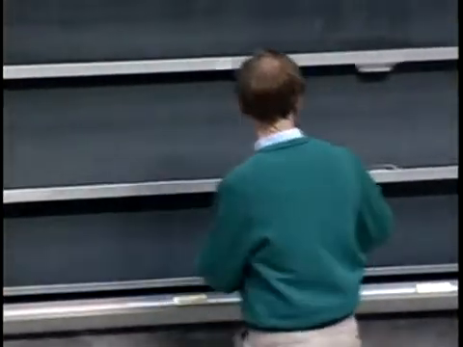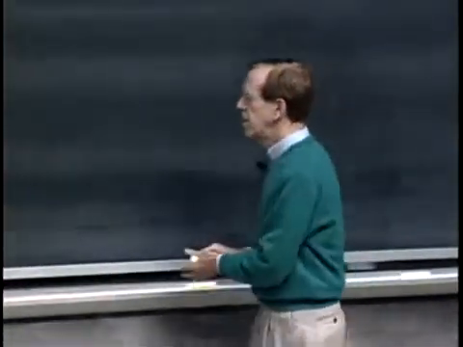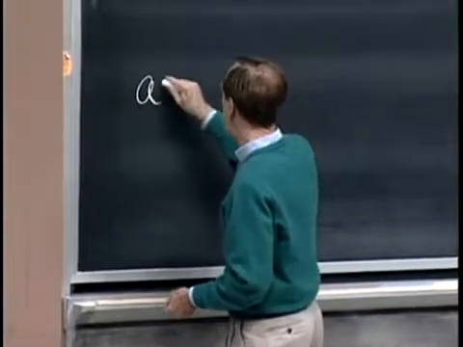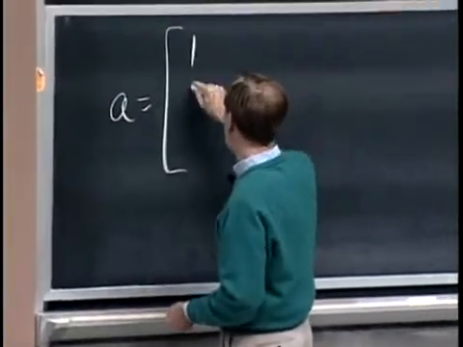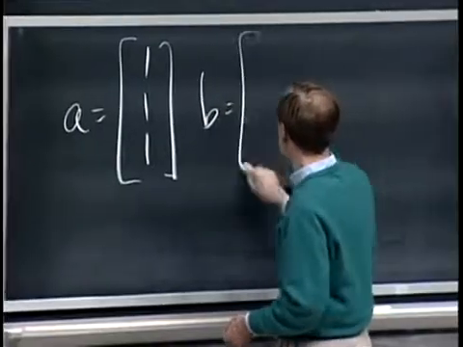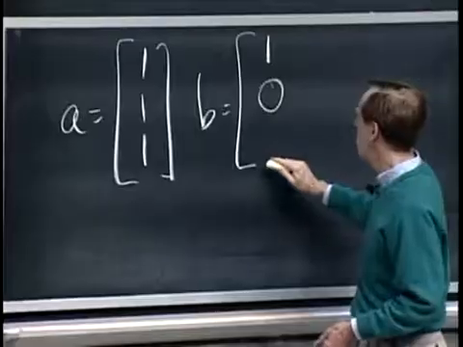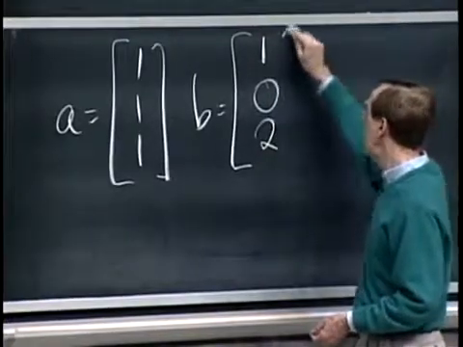Okay. So let me give you the 2 vectors. I'll take the vector A equals, let's say, 1, 1, 1. Why not? And B equals, let's say, 1, 0, 2.